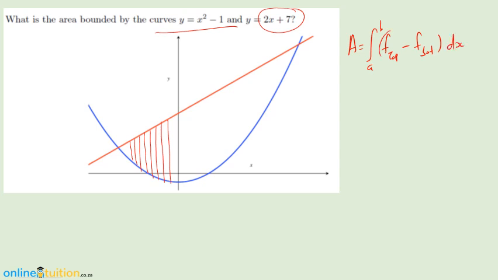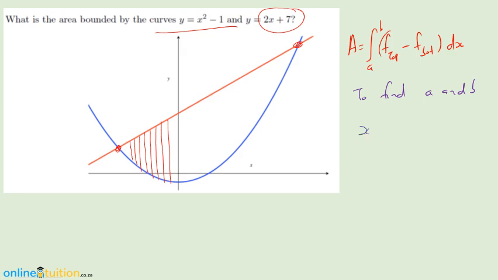Now the first thing we need to find out, and this is where you start earning marks, is a to b. What is a? What is b? Well, you can see that it's the point of intersection of these two graphs. So in order to find a and b, work out the intersection of those two graphs.